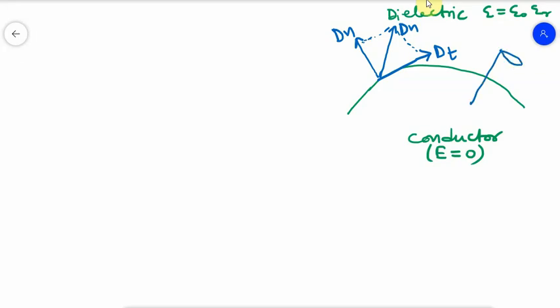Now we will assume a Gaussian surface at the boundary with height del h.